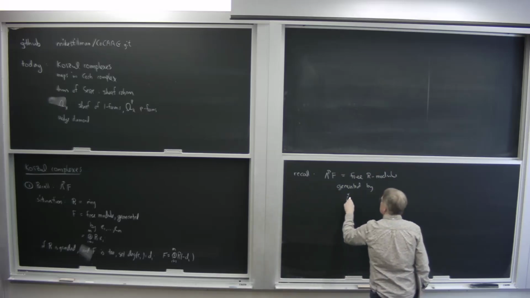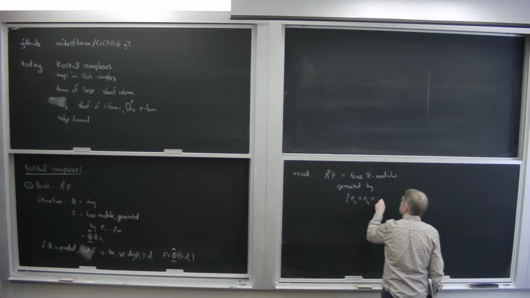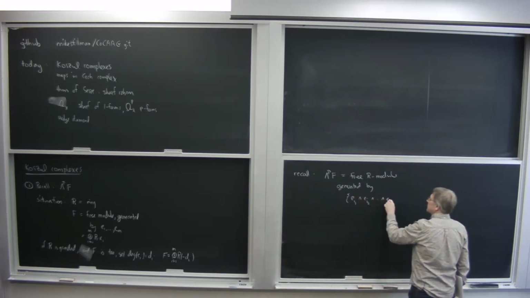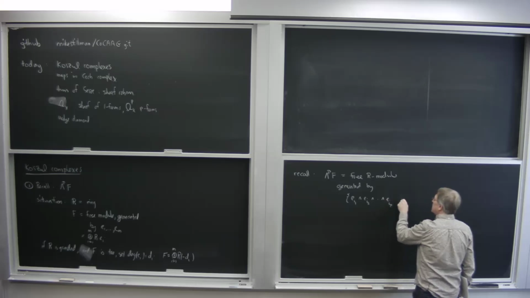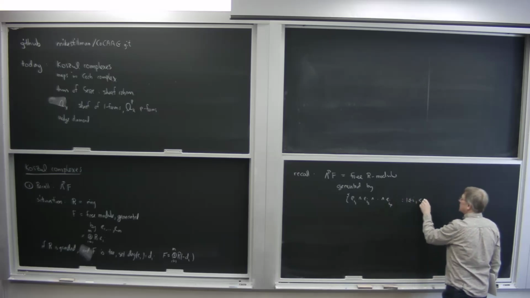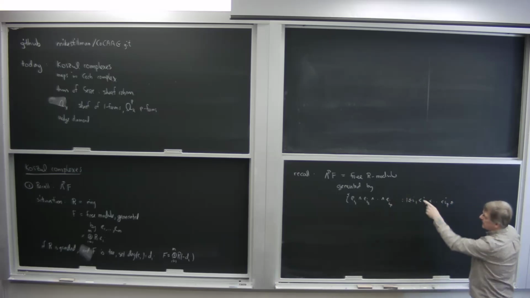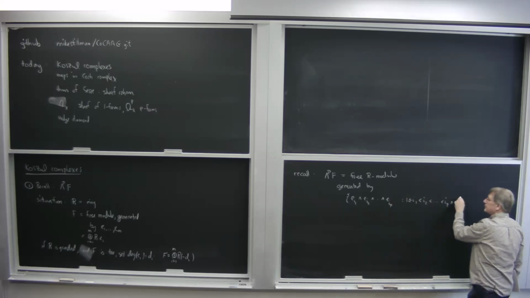So it is generated by e_{i_1} wedge e_{i_2} wedge, and so on up to wedge e_{i_P}, where i_1 up to i_P are in order and less than or equal to the number of generators of F, which is m.